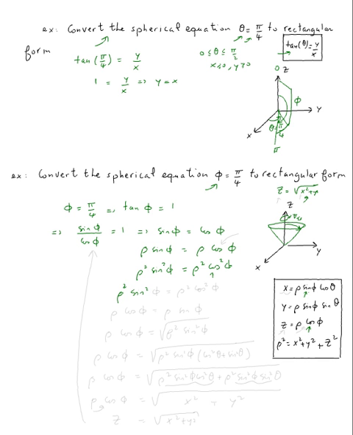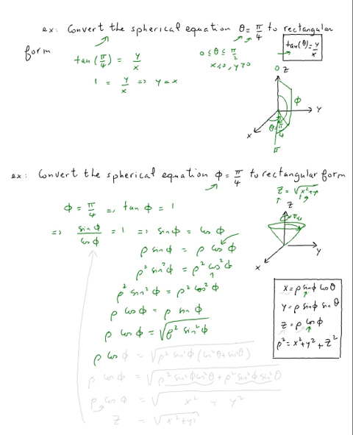Actually, let me just rewrite this. Something is wrong here, because I want the z on the left side. So let me rewrite it. We know that rho cosine phi, which is z, is equal to rho sine phi. But I need the x squared. So this is what I do. Rho cosine phi equal the square root of rho squared sine squared phi, right?